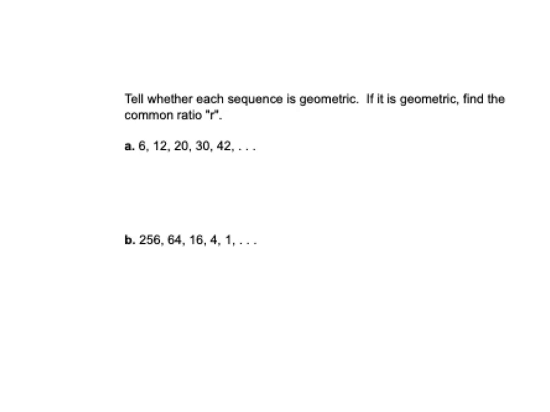When I said we look at a term and the term previous to it, that means we are looking first, in this case, at 12 and 6. We look at the ratio 12 over 6, which is 2. Then we look at the next two, 20 and 12: 20 divided by 12.